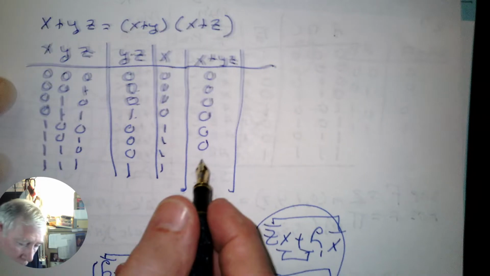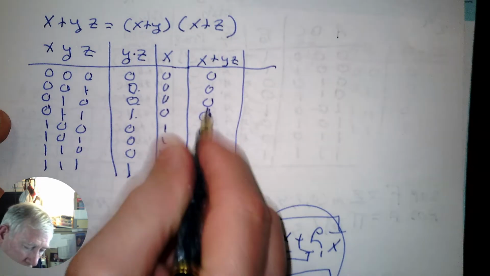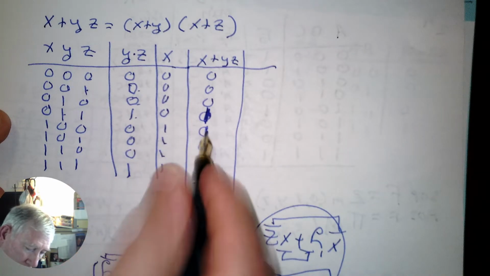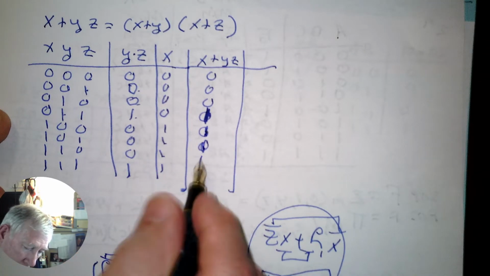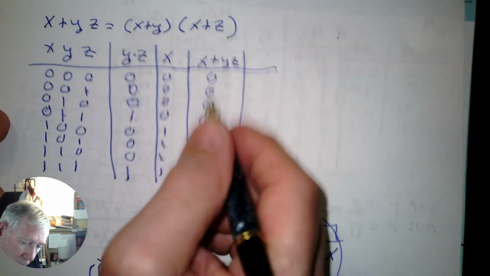Oh, I'm sorry, I screwed that up. It's an OR function, not an AND function. So 1 ORed with 0 is 1, and these are all 1. And finally, 1 ORed with 1 is 1. So we have 3 zeros and the rest are 1s.